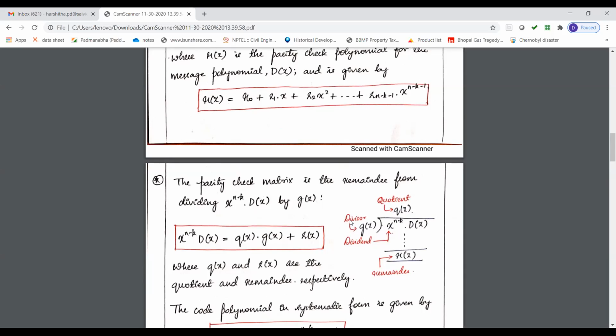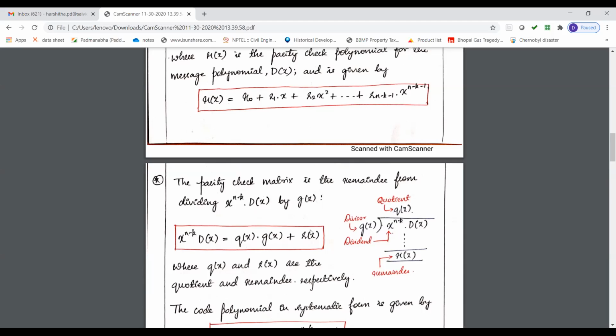Now from this division operation, can we write x to the power of n minus k into d of x as equal to q of x into g of x plus r of x? Yes, we can absolutely write.